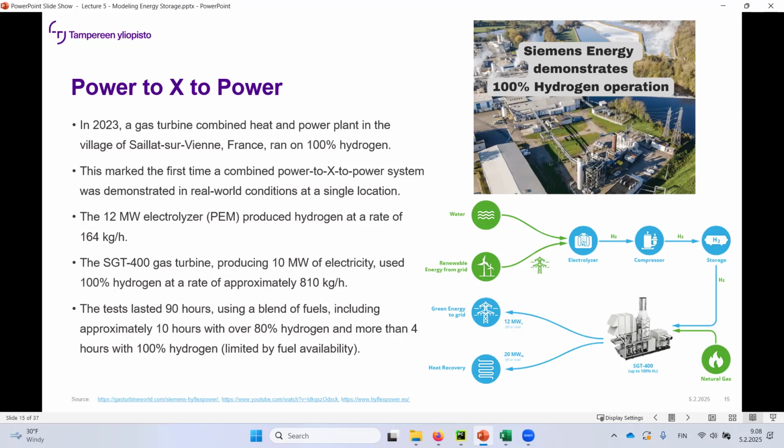If you're going to produce hydrogen, the economies of scale will start to take effect. And if you're making a really small system, then the specific cost is going to be really high. So most likely these are going to be larger installations with modular electrolyzers. A good example of this in Finland is the Rain Gas plant that's going to be built in Tampere in conjunction with Tammervoima, the waste incineration.